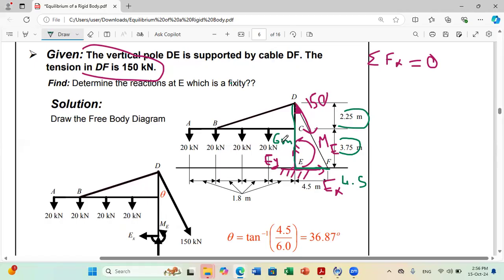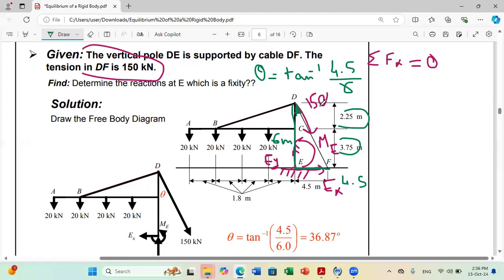So you can easily calculate this angle by saying that theta is tan minus 1 of this distance, 4.5 over 6. So 4.5 over 6, I get then my angle theta. And once I get theta, I'm ready to project.